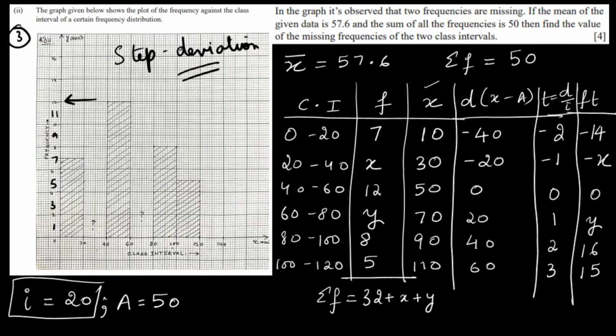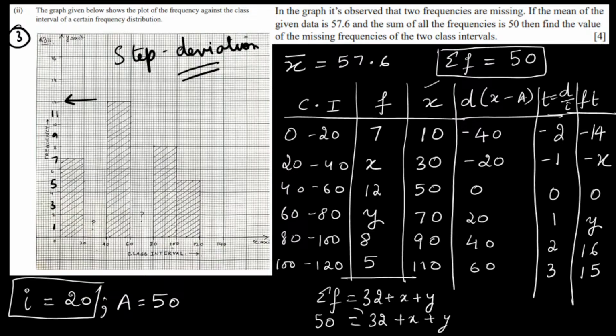Okay. Sigma f we already know. It is 50. At the starting itself I have written sigma f is equal to 50, because sigma f is the sum of all the frequencies. So the sum of all the frequencies is 50. It's given to us. It's equal to 32 plus x plus y.